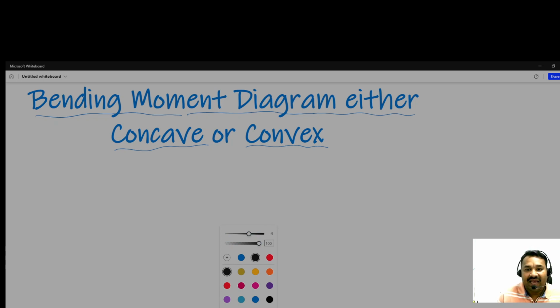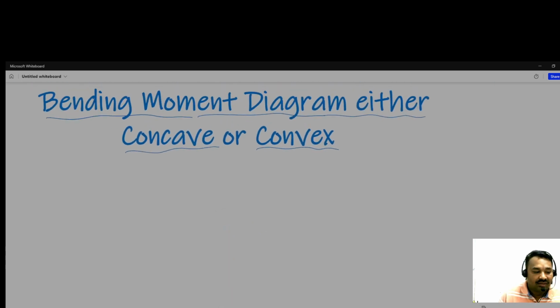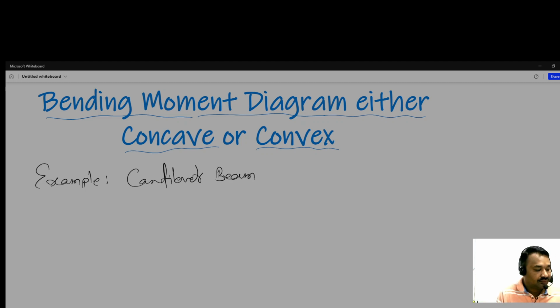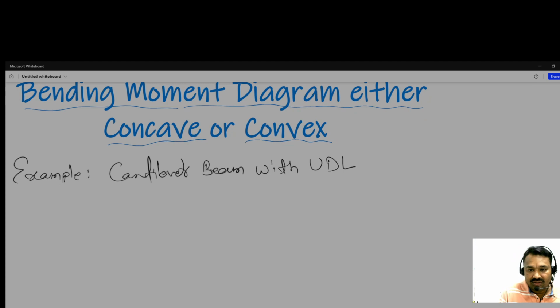Suppose we have an example of a beam, a cantilever beam with UDL over the entire length.